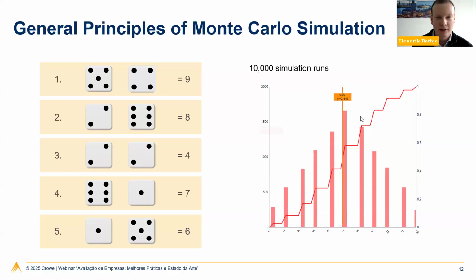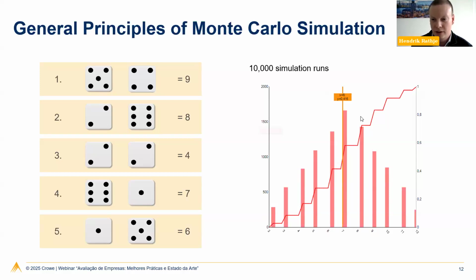If you run it 10,000 times, as you can do with Monte Carlo simulation, which today you can do very easily in a few seconds using modern computers, you can see that the most probable outcome when you roll those 2 dice is 7, as you can see here.